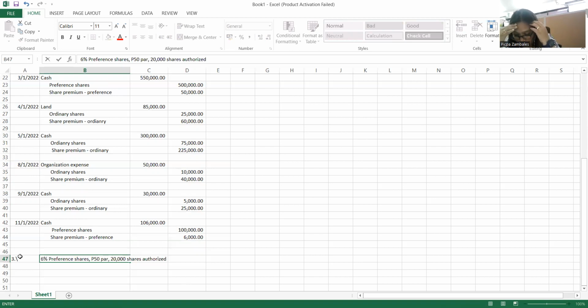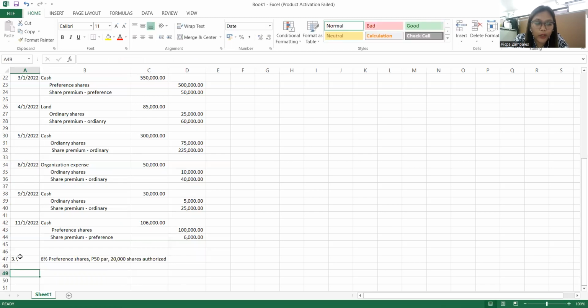So, ilan ang issued natin? On March 1, it's a preference shares of 10,000 plus another, asan pa yung isa? November 1, also a preference shares of 2,000 shares, for a total of 12,000 issued shares. That's how we present it on the equity section.